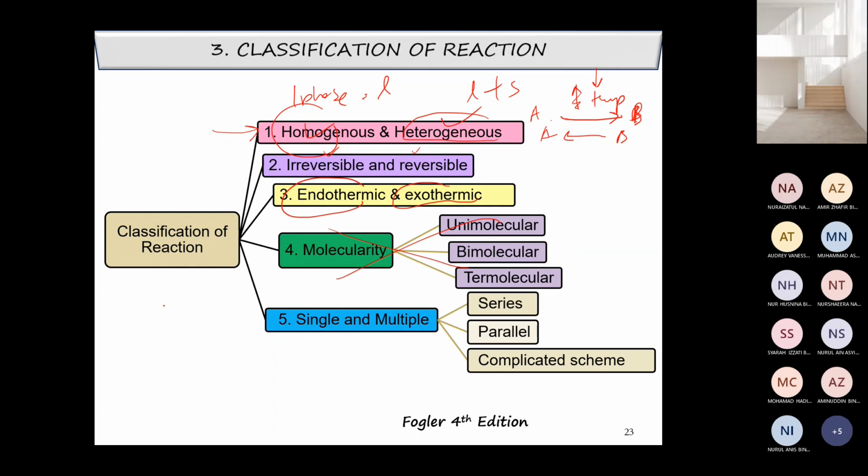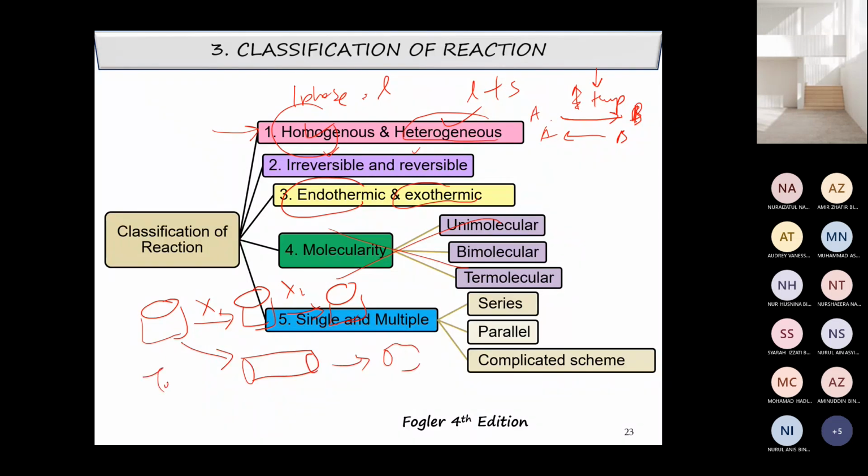For example kalau series, selalunya kami akan tanya what is the X here and what is the conversion here, so you kena determine. And then we have a parallel, for example dia sambung pada PFR. You akan learn this one in topic number 5.